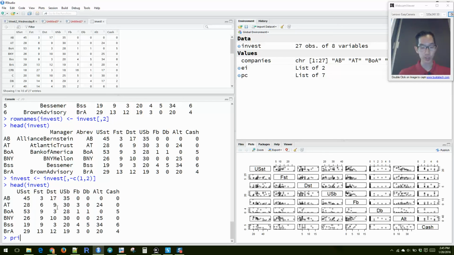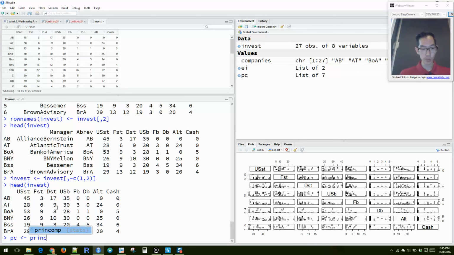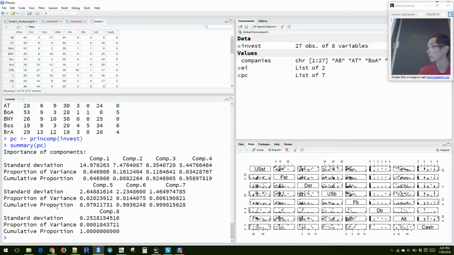Okay, and now I can just do PC is going to be the result of prcomp of invest. Okay, it's done. And it says, okay, well, what did you do? So we say, give me the summary of these results. All right, and so here it says, okay, I found component 1, and component 1 has a standard deviation of about 15.